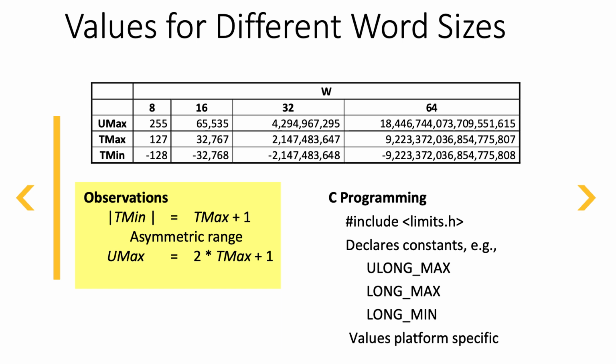But the absolute value of T min is always going to be equal to T max plus 1. All right, so if my T max is 127 in an 8-bit system, then the absolute value of T min will be 128. And of course, it's 2's complement, so it'll be negative. So we can figure out from T max what our T min will be.